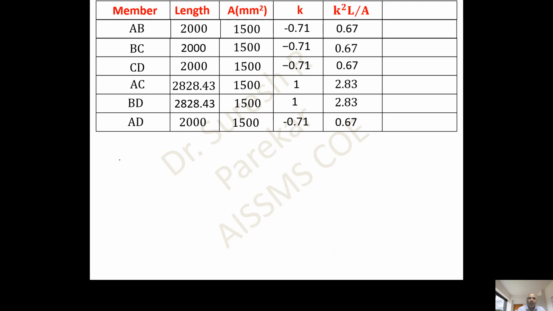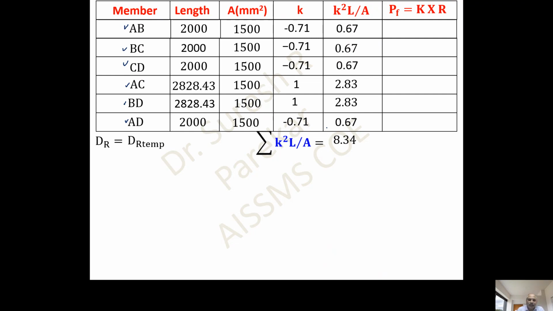We have these four members: AB, BC, CD and AD or DA, with value minus 0.71. Both diagonals, AC and BD, we have 1, 1. Now the total summation K square L upon A is 8.34.